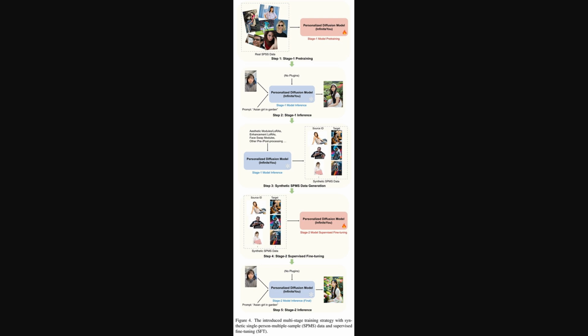Then, in Stage 2, they actually generate synthetic data using the first stage model, but they enhance these images using various modules to improve quality and aesthetics. This synthetic data, which shows the same person in multiple good-looking scenarios, or SPMS data, is used for supervised fine-tuning. This second stage really helps boost the text alignment and overall image quality while still keeping that identity linkage strong.